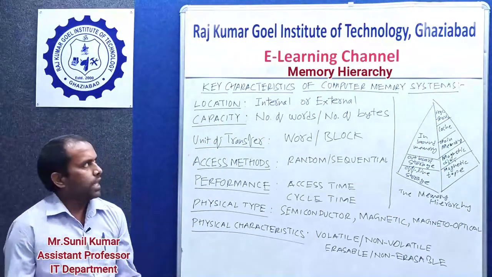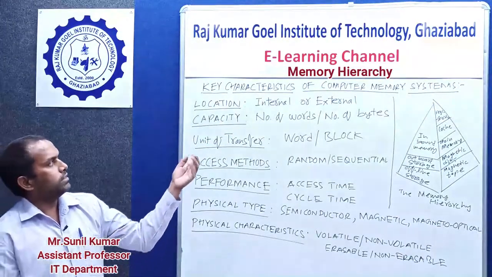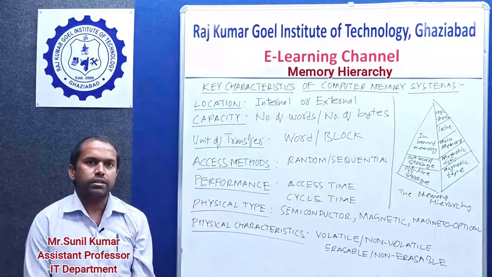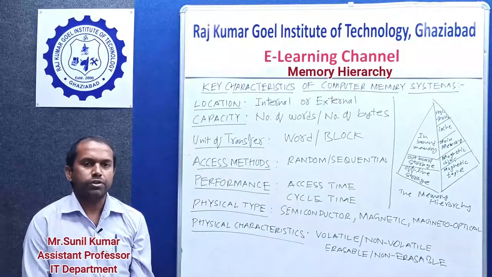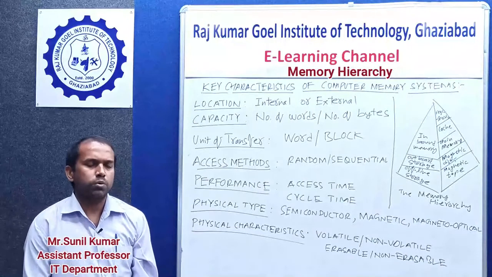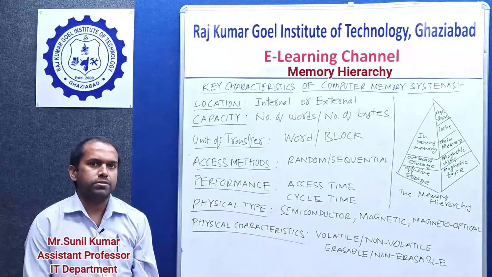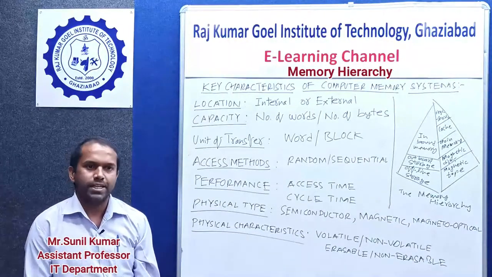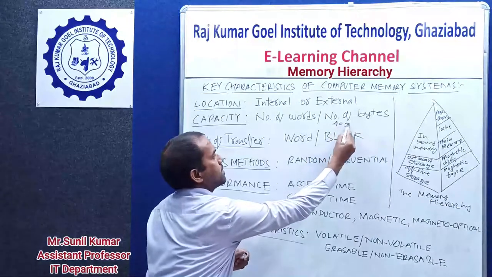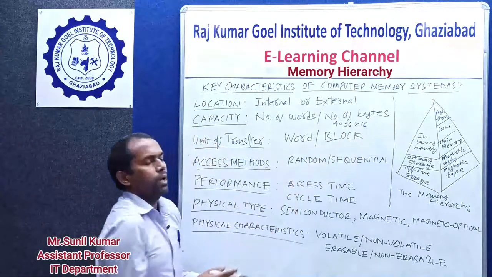Second characteristic is capacity. By the number of words or number of bytes we can tell the capacity of the memory. As we know, a word is a collection of bits. Suppose it is given that memory is of 4096 into 16, this is the size of a memory.